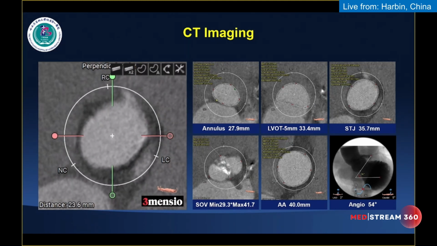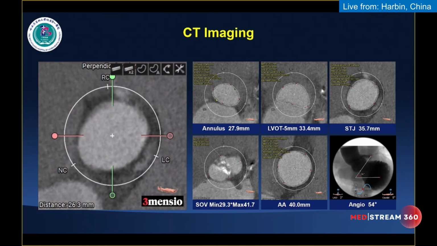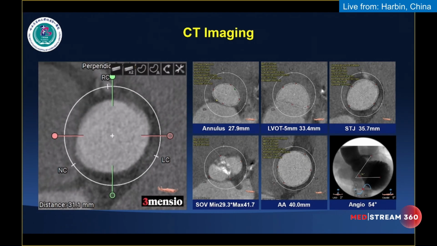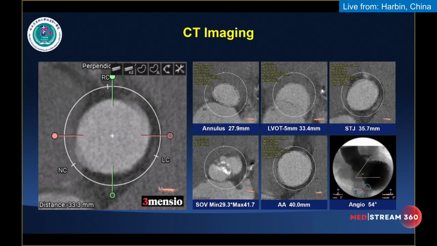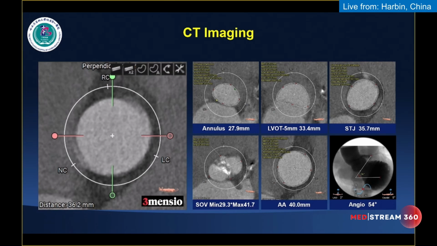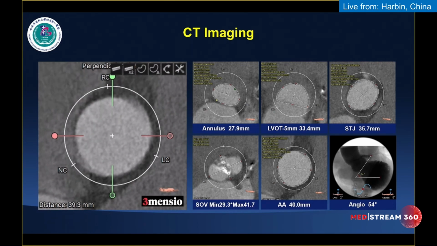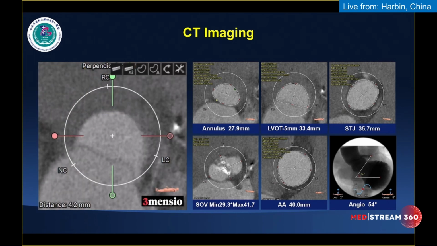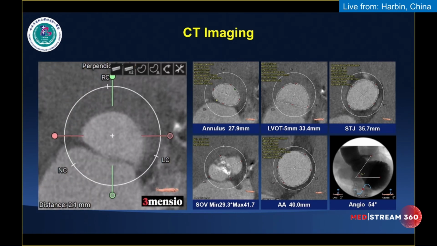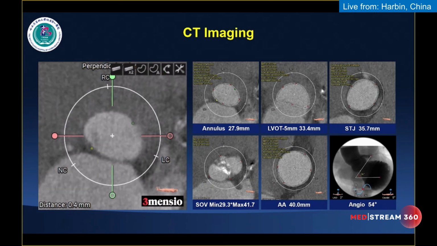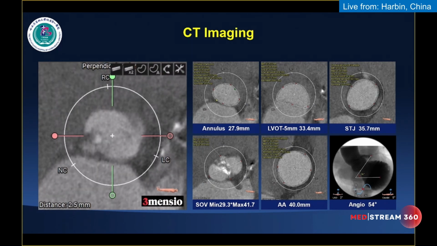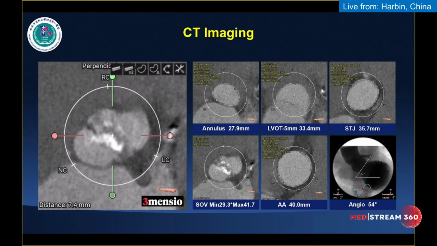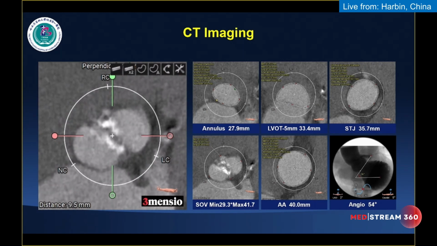For the LVOT 5 millimeter plane, the perimeter is 33.4 millimeter, and the STJ is 35.7 millimeter. The SOV mean value is 29.3, and the max is 21.7. We can also see the annular parameter is 27.9. It's a little large.